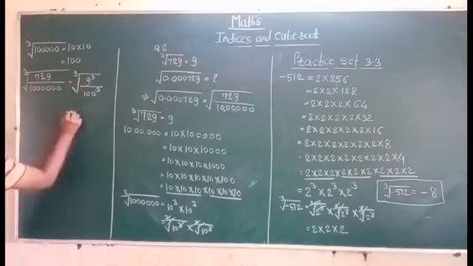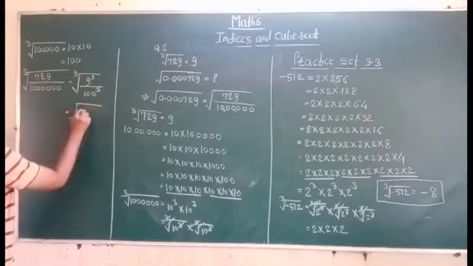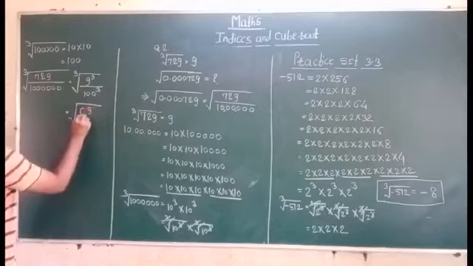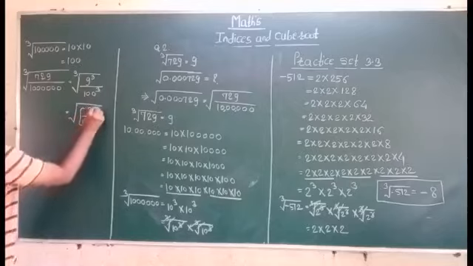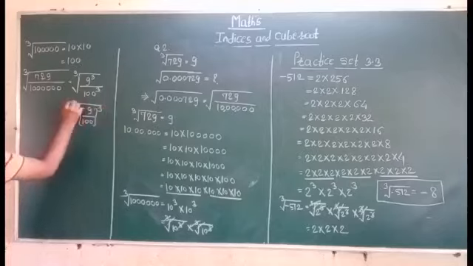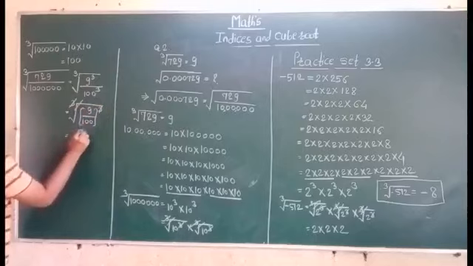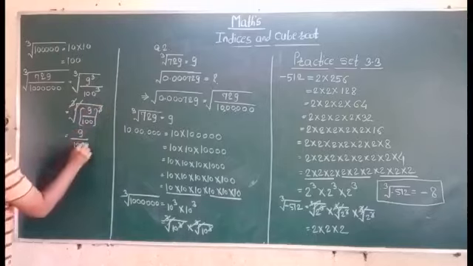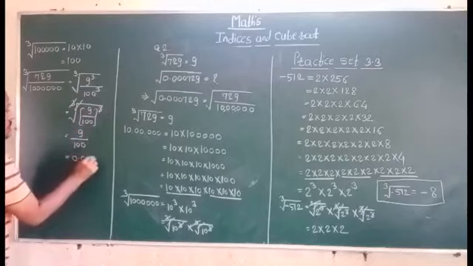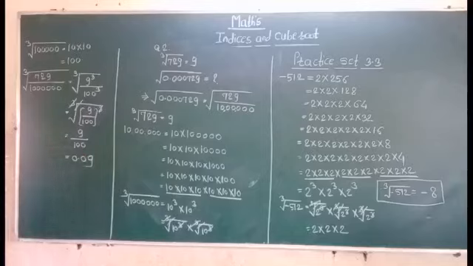So we get the cube root of 9 cubed upon the cube root of 100 cubed, with the radical sign. So the cube and the radical sign get cancelled. So 9 upon 100, that is 0.09.